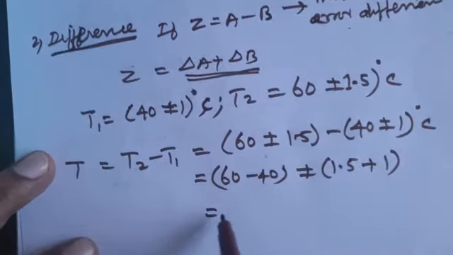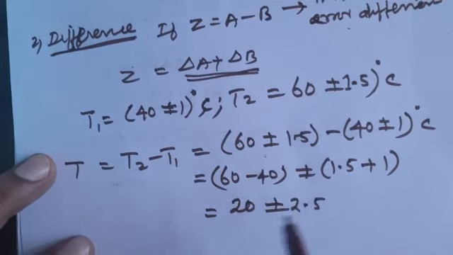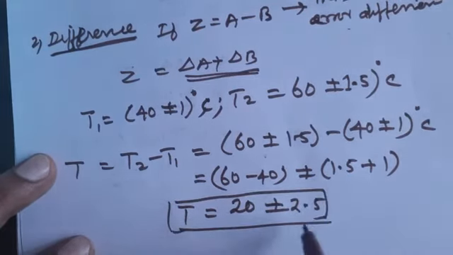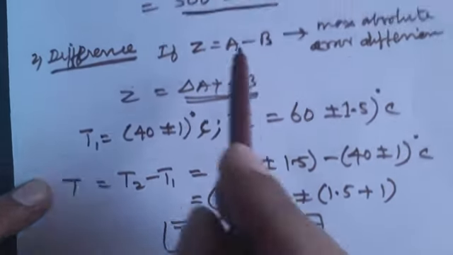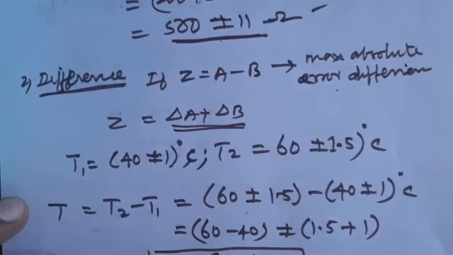So 60 minus 40 is 20 plus or minus 2.5 is the tolerance while taking subtraction. So here absolute errors are concerned. Addition and subtraction both are similar.